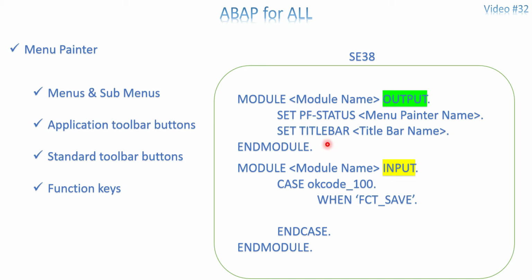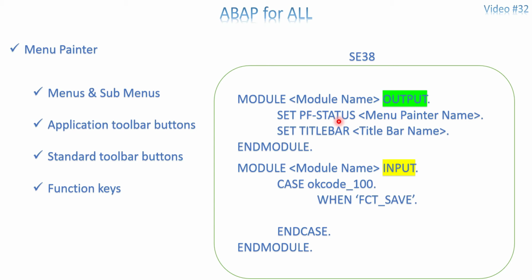Before the screen pops up, I want my menu to be included in my screen, so you have to use SET PF-STATUS under SE38 in your PBO module. Okay, same thing for the title bar. Suppose I have three screens and I'm fine with all three screens having the same menu, then just give the SET PF-STATUS in your initial screen, and that will be carried forward or copied to the respective screens as well.